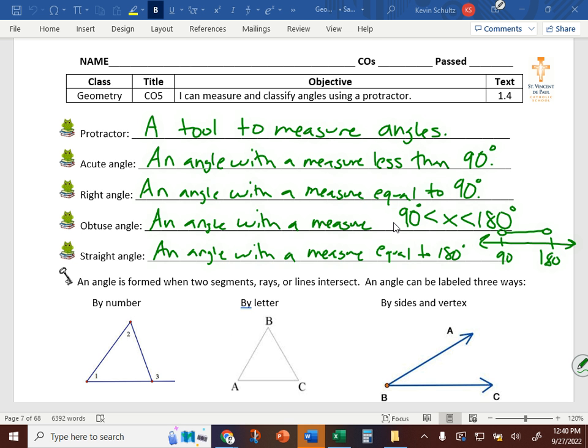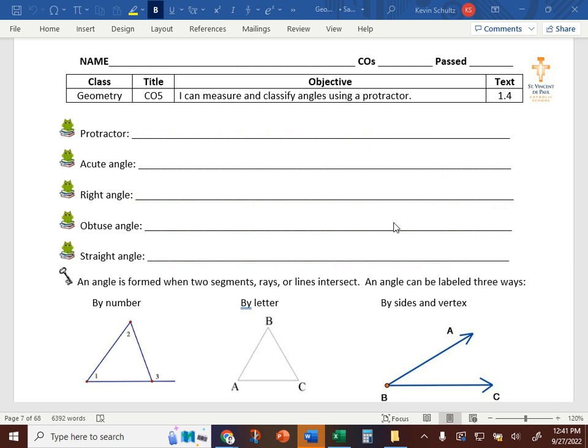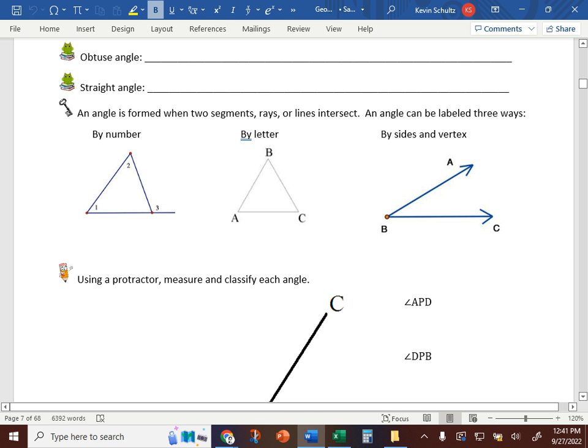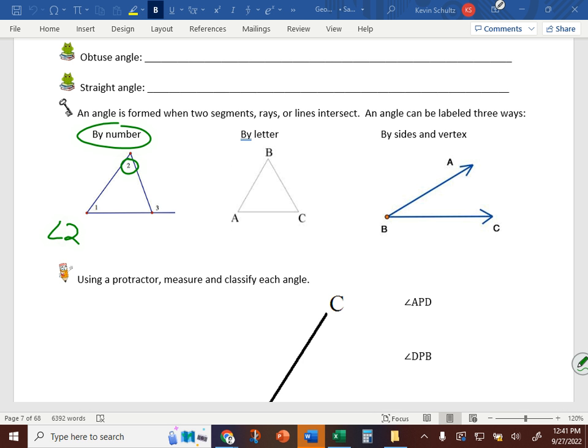Okay. We also have time to talk about how to label angles. Angles can be labeled a number of different ways. You can label an angle by number. So if I ask you for angle 2, you would know that I'm talking about this angle there. Or angle 1 would be in the bottom left corner there.